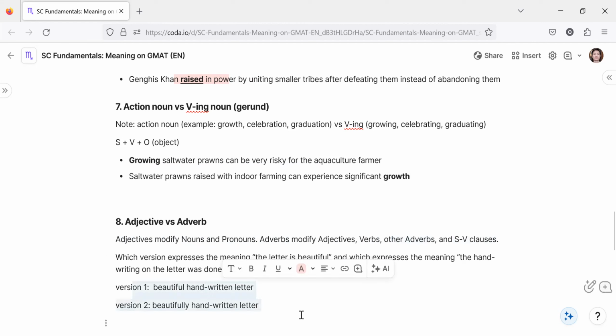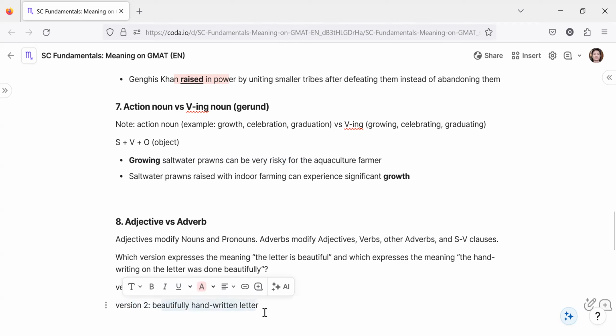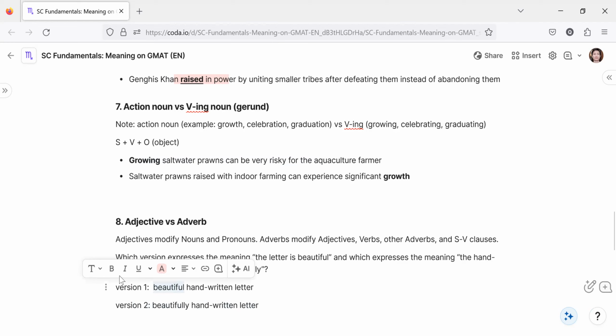So we have two phrases here: beautiful handwritten letter and beautifully handwritten letter. You can see that in the first version, beautiful is in the adjective form, so that suggests that it's modifying the noun letter.